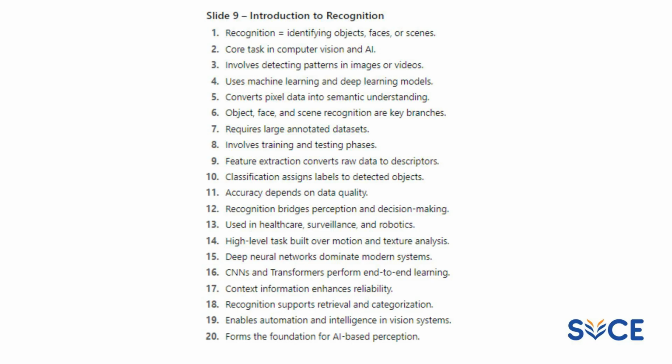As technology evolves, recognition will continue to bridge the gap between human perception and artificial intelligence, shaping the future of automation, safety, and intelligent decision making. So that's all. These are the topics we have discussed in this. We'll move to the next topic.